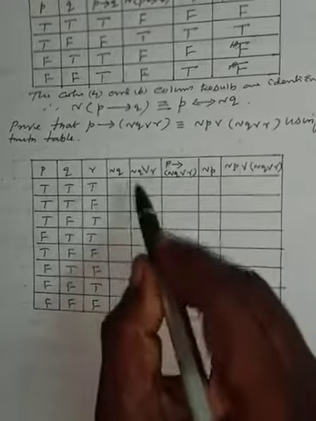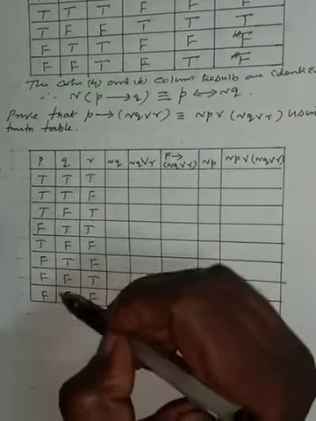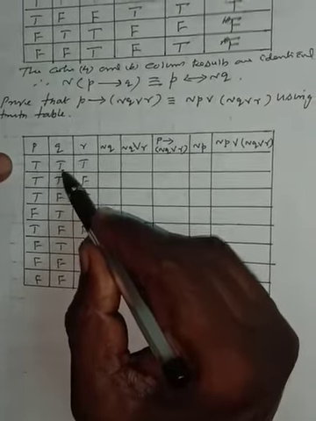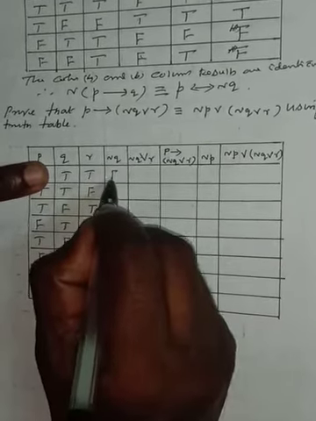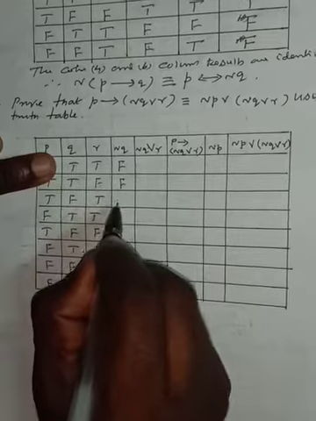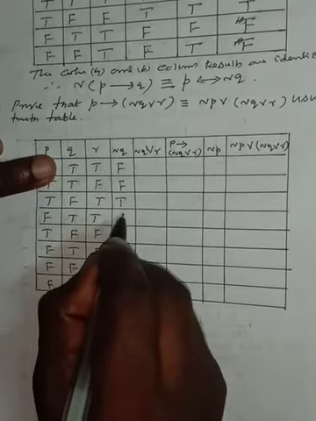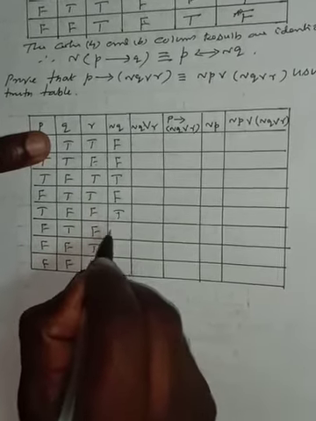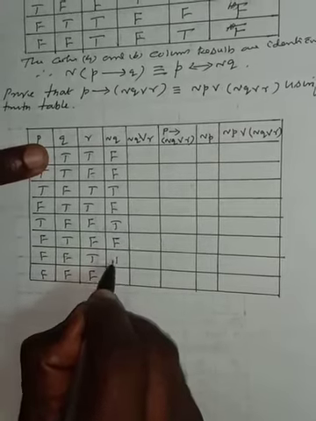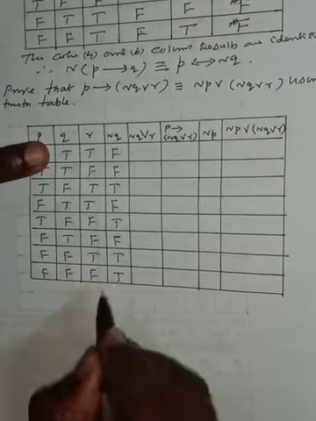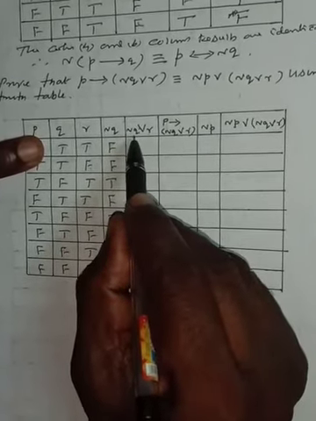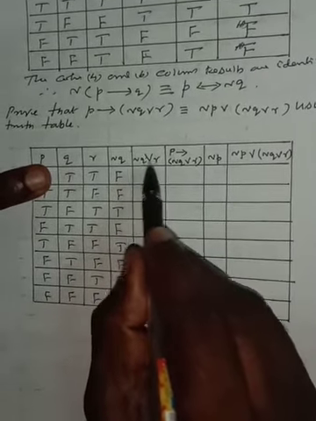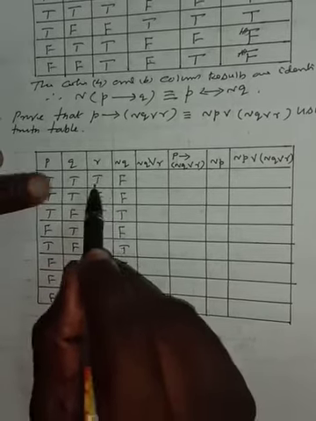Now negation of Q. Take second column. True, negation is false. False, negation is true. Therefore, false, false, true, false, true, false, true, true. Next, negation of Q or R. Take third and fourth.